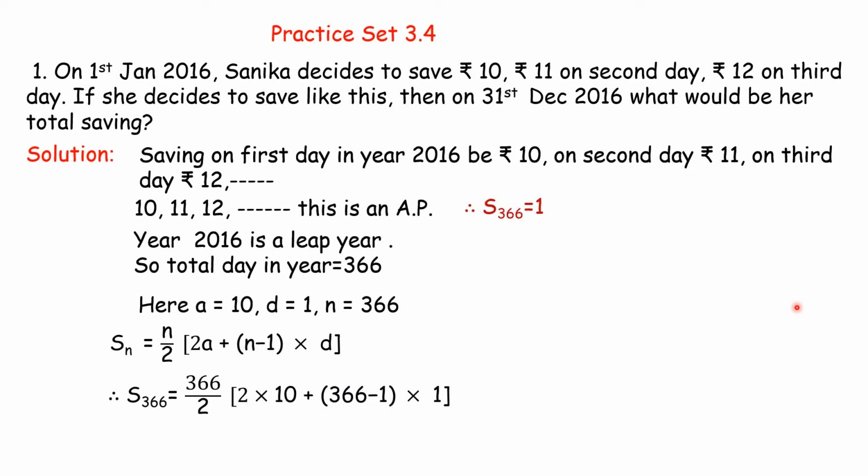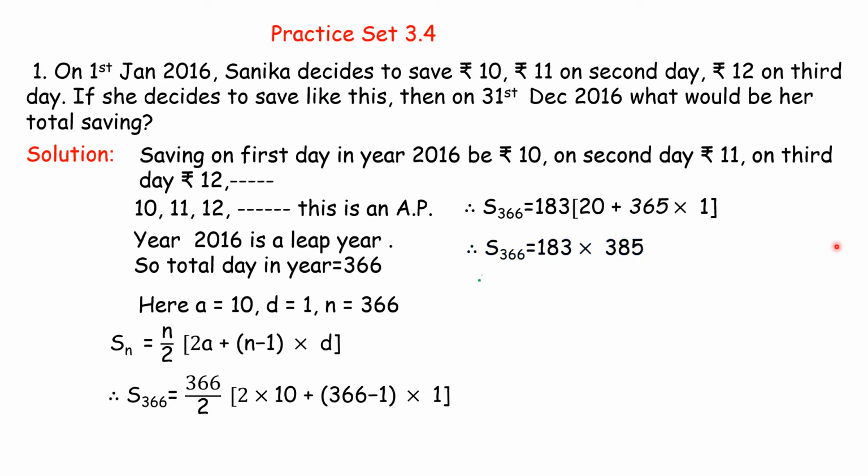Here we divide, that is 183 into 2 into 10, 20, plus 365 into 1. 365 into 1 is 365, plus 20 is 385.